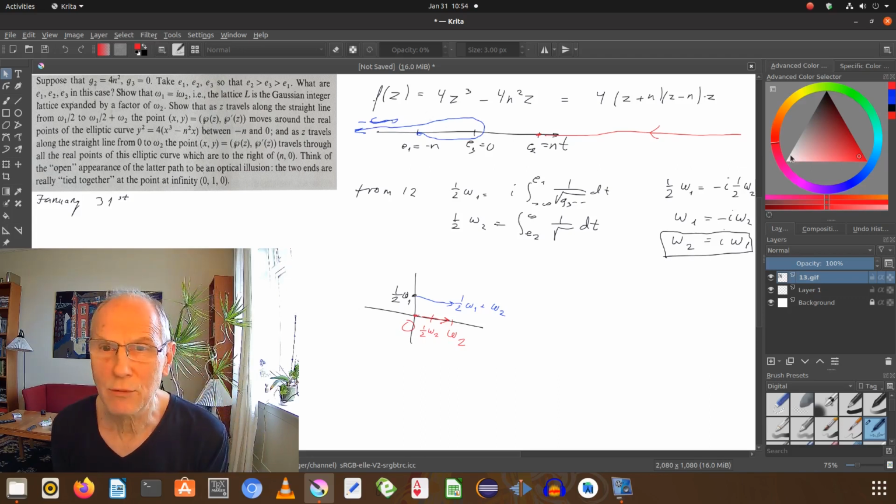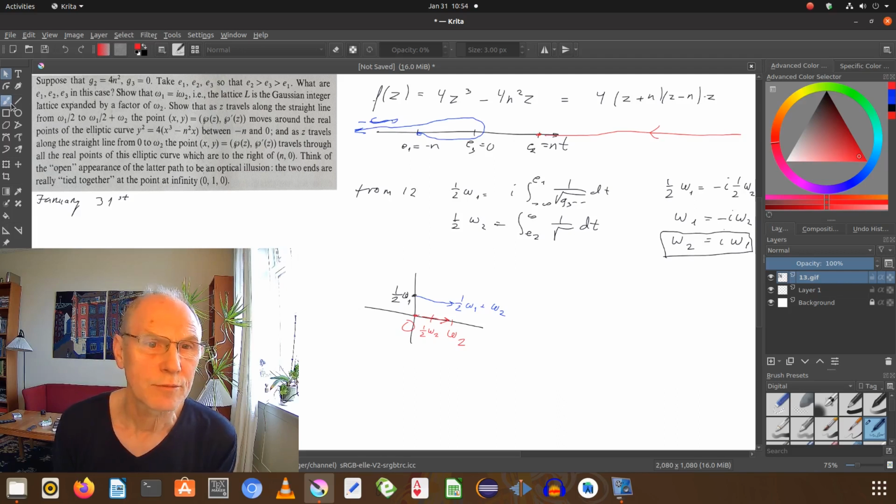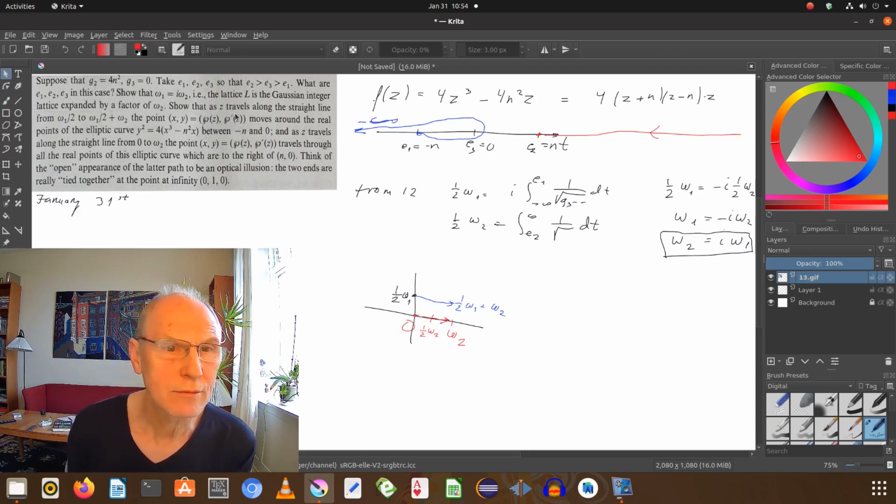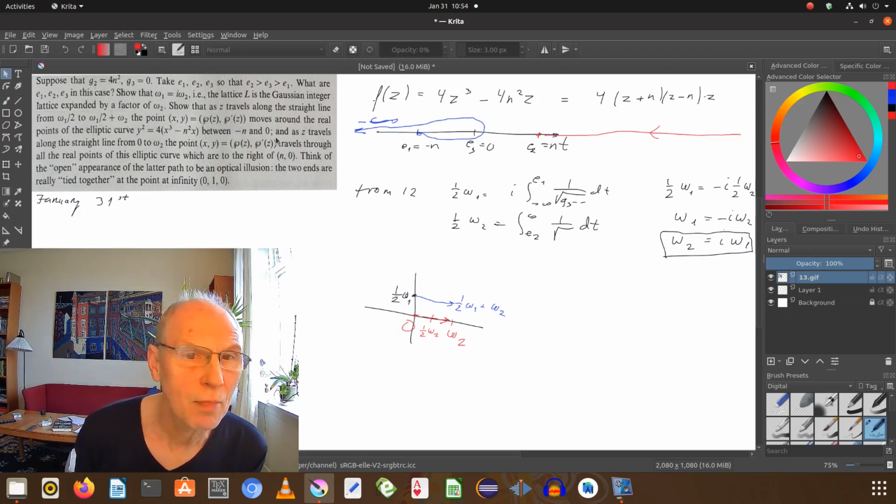Well, I wouldn't say that really. I'd say we have to go around here and then outwards again along the same path. Oh yeah, the two ends at infinity are tied together.